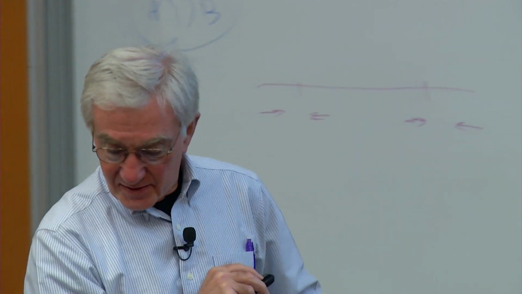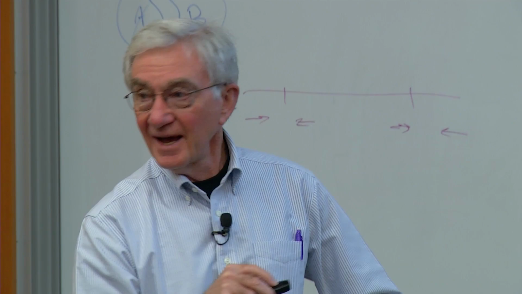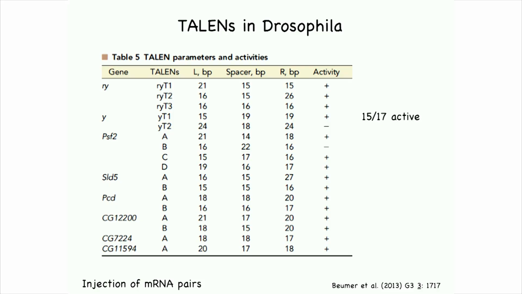This is a set of experiments we did to test the TALENs in Drosophila. And the bottom line here is that of the 17 different TALEN pairs we tested by doing messenger RNA injection into the Drosophila embryos, 15 of them worked well enough to give usable levels of mutation. And so this includes rosy and yellow, but PSF2 and SLD5 were genes that we targeted for Mike Botchan's lab here in Berkeley.